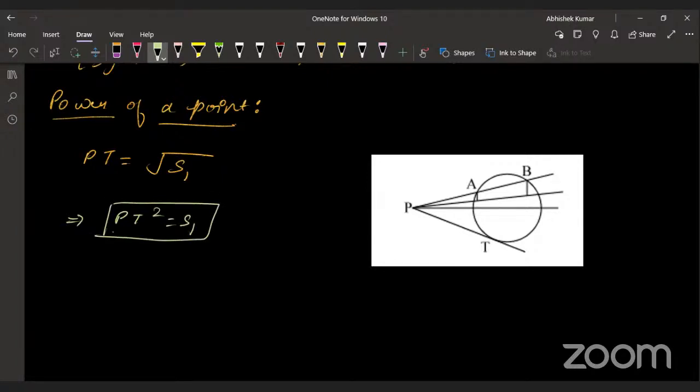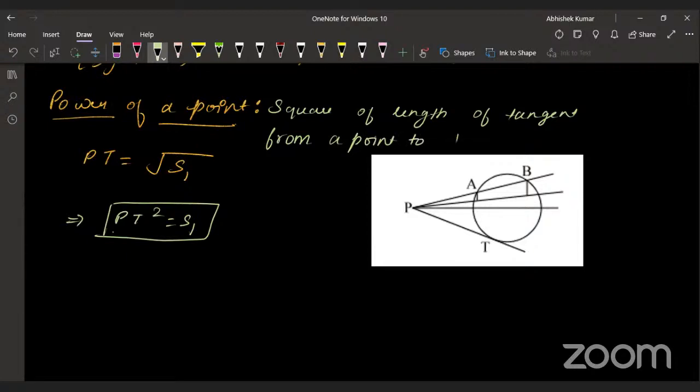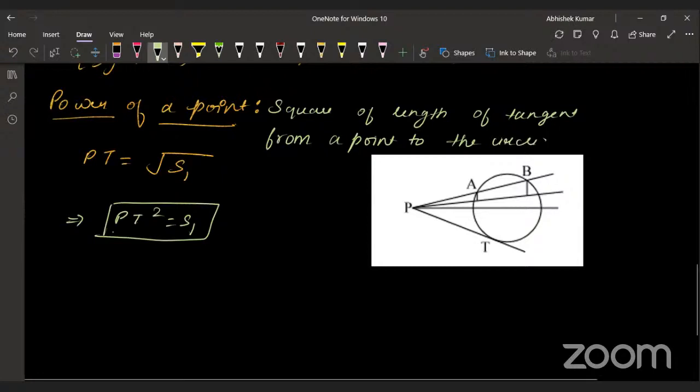Clear? It's basically, I'm writing here, the square of the length of tangent from a point to the circle. That's it. Fine. That's one of the formulas.